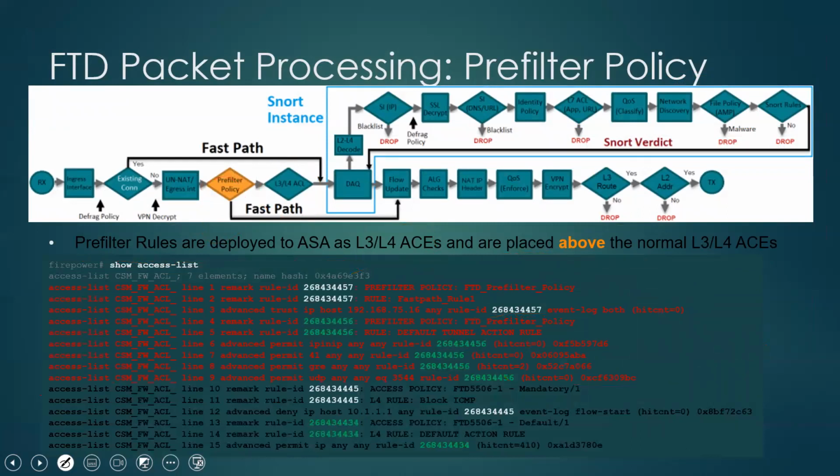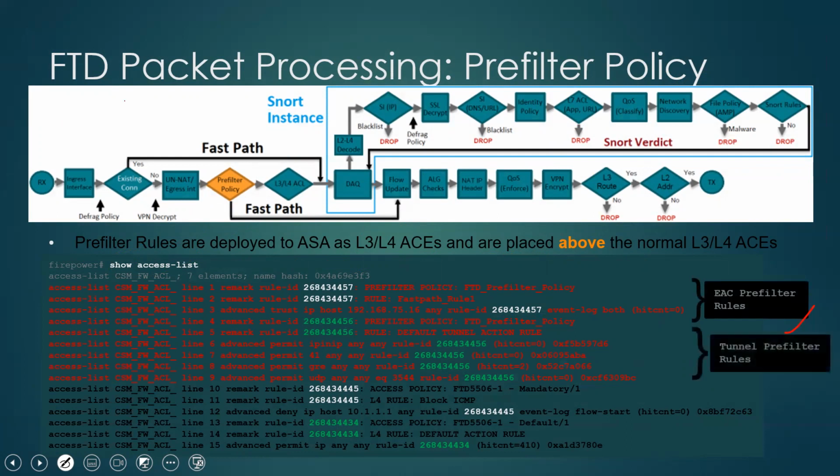You can clearly see if you do show access-list, you can see the FTD pre-filter policies. Here you can see the early access control pre-filter rules, then the tunnel pre-filter rules, and then only the L3, L4 access control entries.